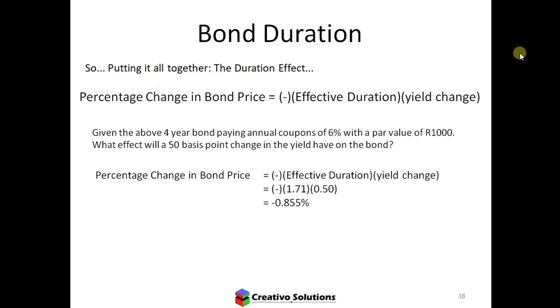So in order to do the calculation, you need to take the effective duration, whatever it is, and make it negative, and then multiply it by the yield change. The yield change is that 50 basis points that we read in the question. And if you plug that into your calculator using the right equations, you're going to get an answer of 0.855%.